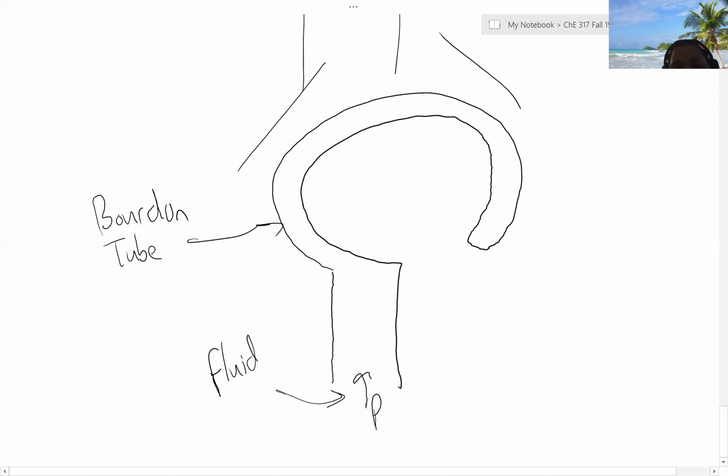That fluid exerts a pressure on the fluid within the Bourdon tube, and that pressure gets manipulated at the tip of the Bourdon tube through a couple of linkages to the center, which has a gear and a pin. And as the pressure gets exerted in the tube, the tube itself wants to essentially bend outwards.